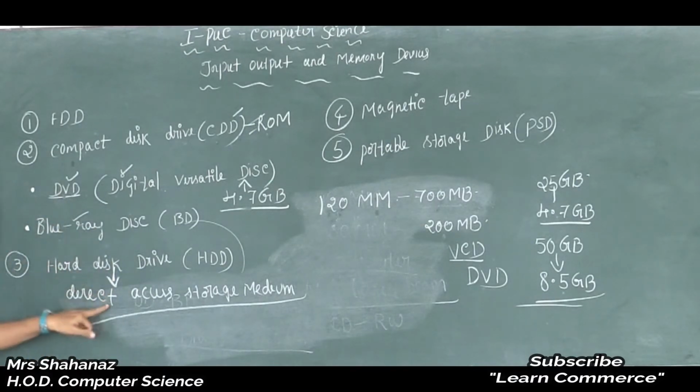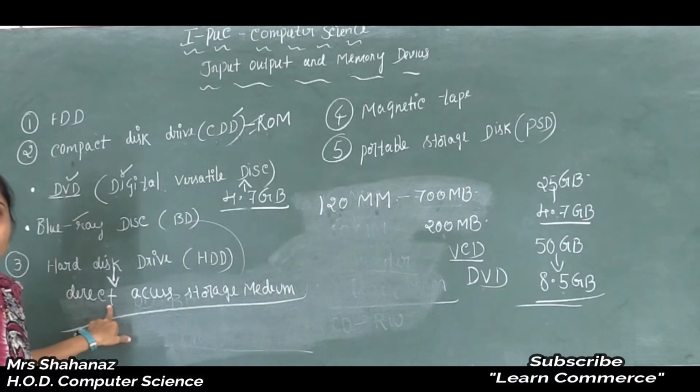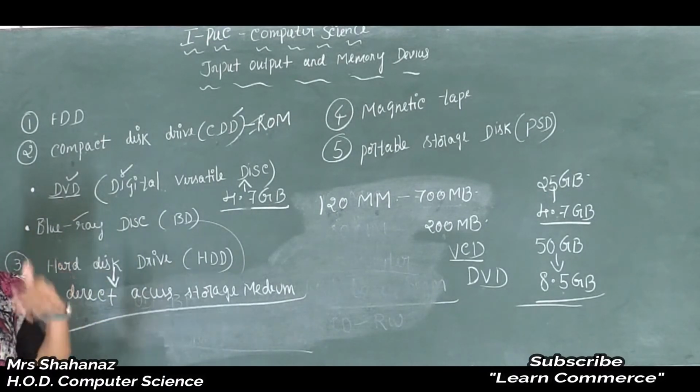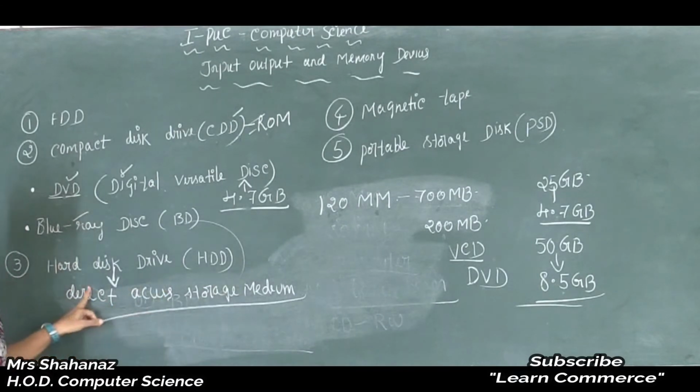Now in our hard disk, as I just said, the hard disk is a direct access storage medium. The meaning is very simple. That means the CPU can communicate directly with the hard disk drive. If any data they want to access, or any data they want to store, they can use a device like our hard disk drive. Okay?